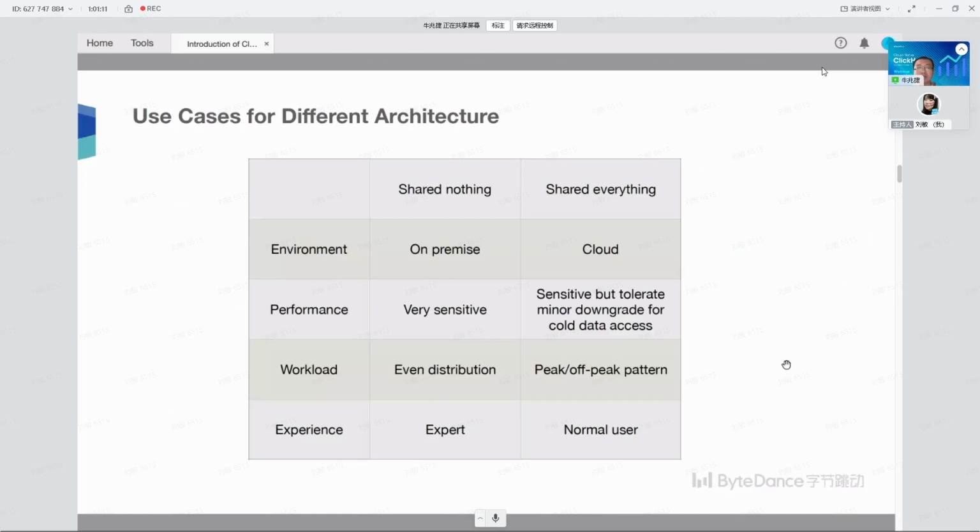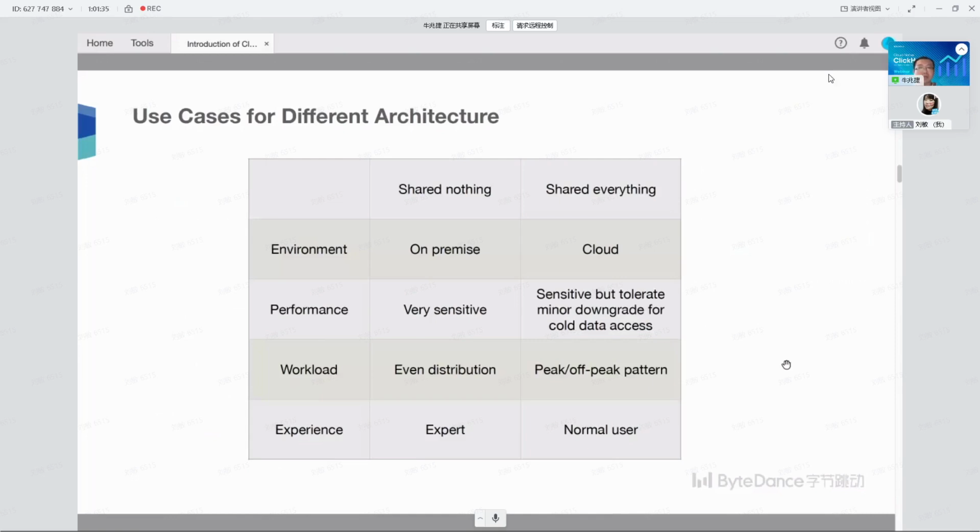In an on-premise cluster, the hardware resource is relatively stable, because you cannot increase or decrease your hardware resources very frequently. So in this case, you can consider the shared nothing architecture.